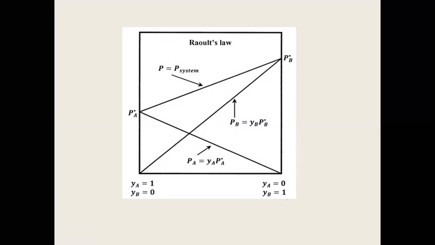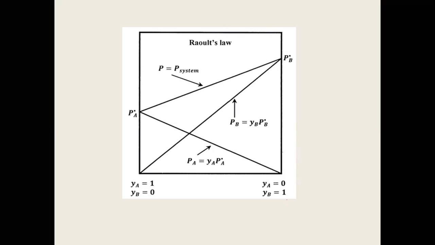Mole fraction of B is actually represented using XB. Okay, fine. For our discussion, let us call it YB. YB equal to 1 means what? At this origin, it is only pure B. What is in between the two origins? You have different concentrations of A and B. Now look at how vapor pressure is varying. The vapor pressure of pure A is PA naught.